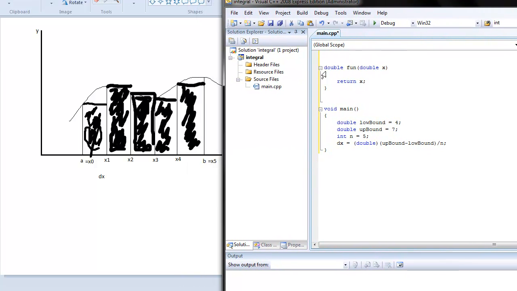Now we are going to sum the stuff in here, but for that we create a function.